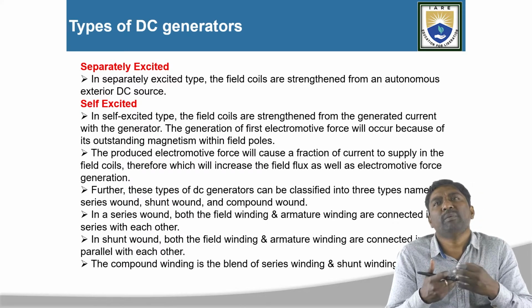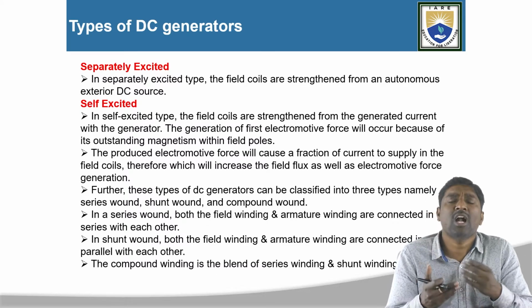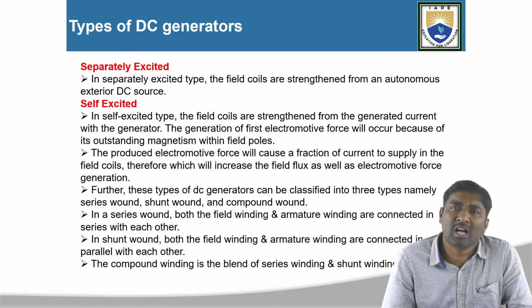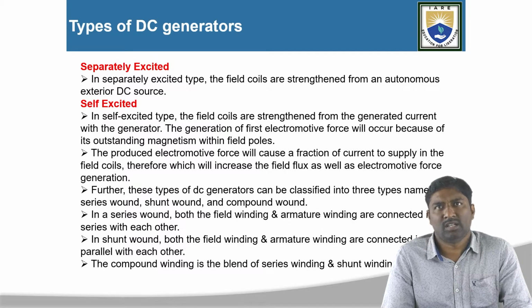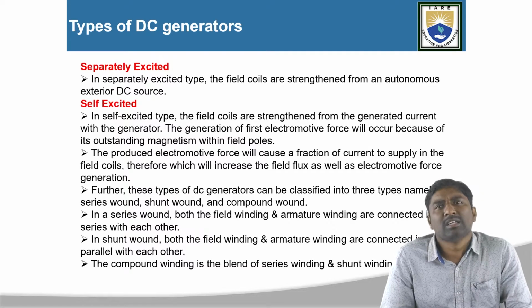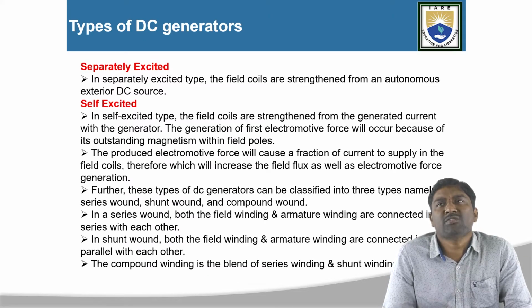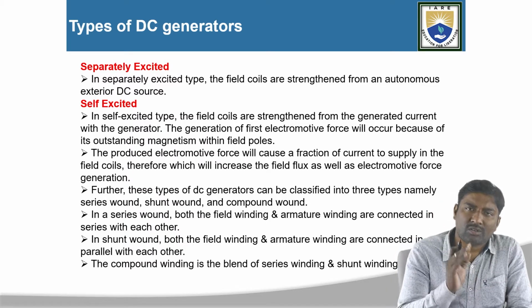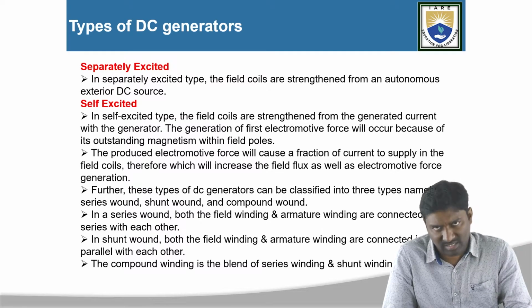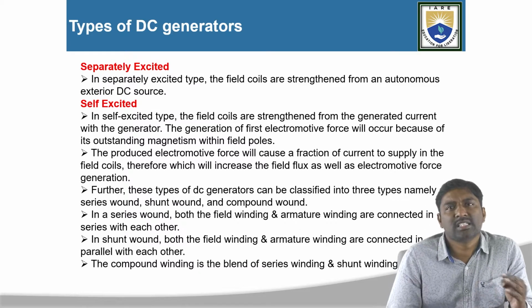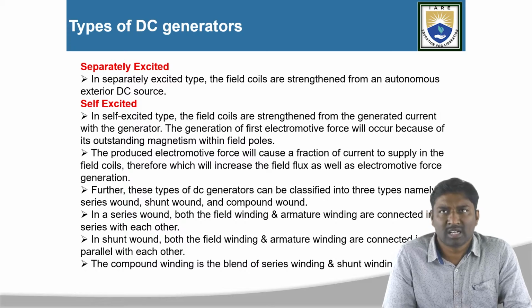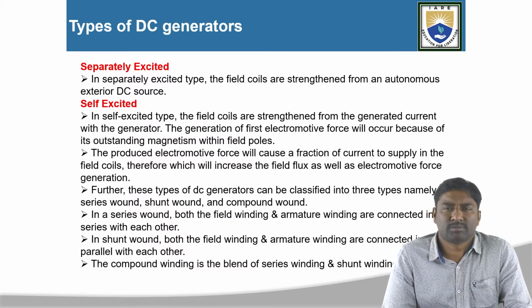If the field flux increases, electromotive force is automatically generated in the field coils. Further, these DC generators can be classified into three types according to the field winding connection, namely the series type DC generator, shunt type DC generator, and compound type DC generator.